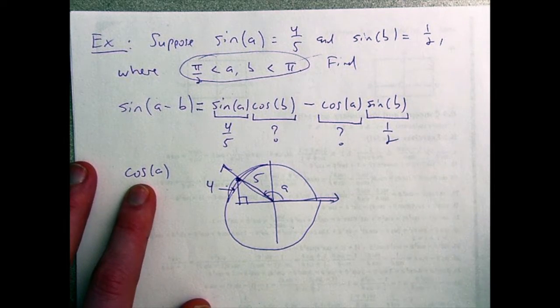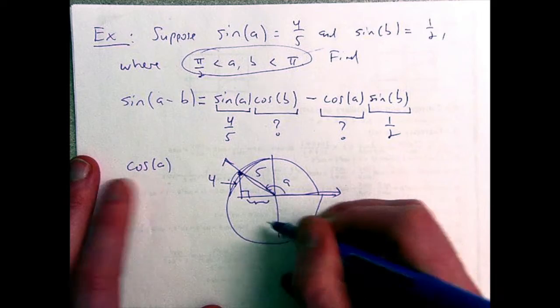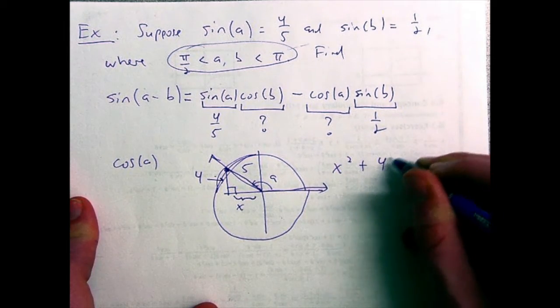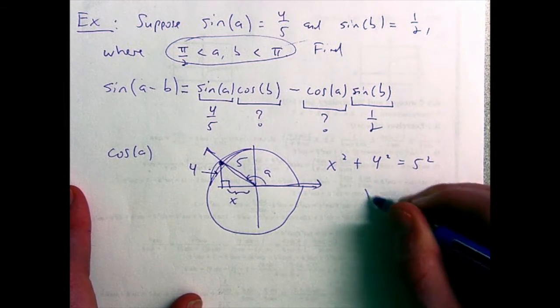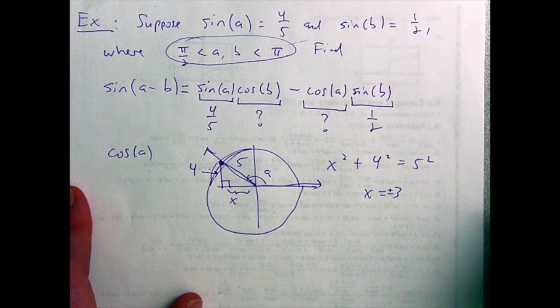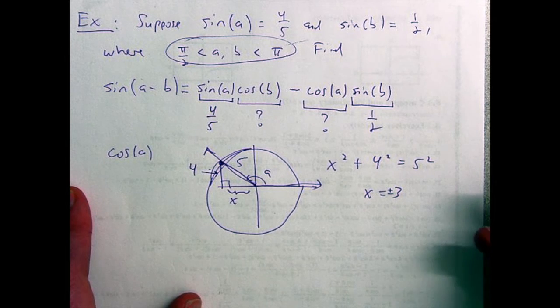And we can use the Pythagorean theorem to find this missing side here. If I call it x, then what I know is that x squared plus 4 squared is equal to 5 squared. If you solve this equation for x, you'll find that x is equal to plus or minus 3 when you take the square root.